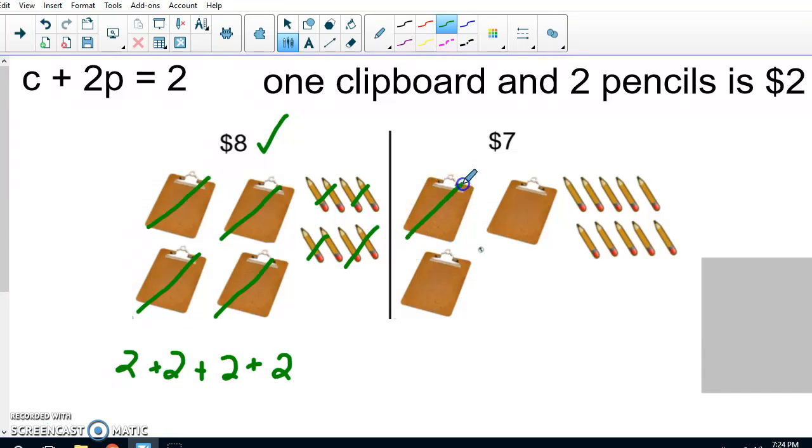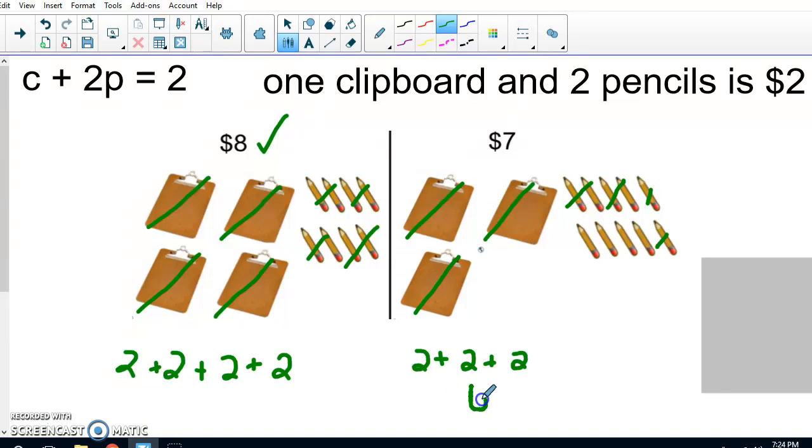So let's look over at Denise's scenario. We've got 1 clipboard, 2 pencils. There's our $2. Another clipboard, 2 pencils, $2. Another clipboard, let's do these 2. There's my $2. But I'm out of clipboards, so I can't continue to follow the pattern. What I do notice is I have already spent 3 sets of $2.